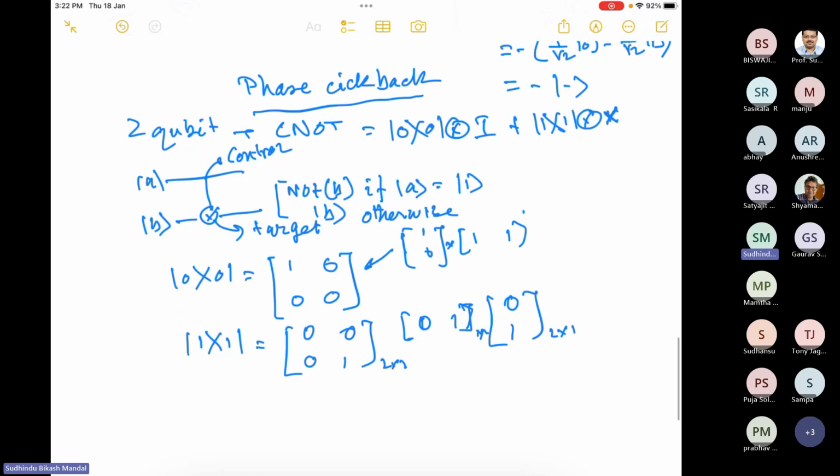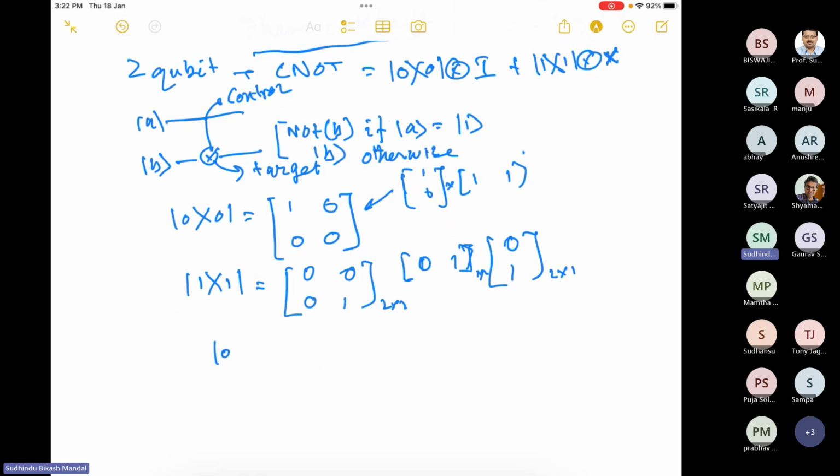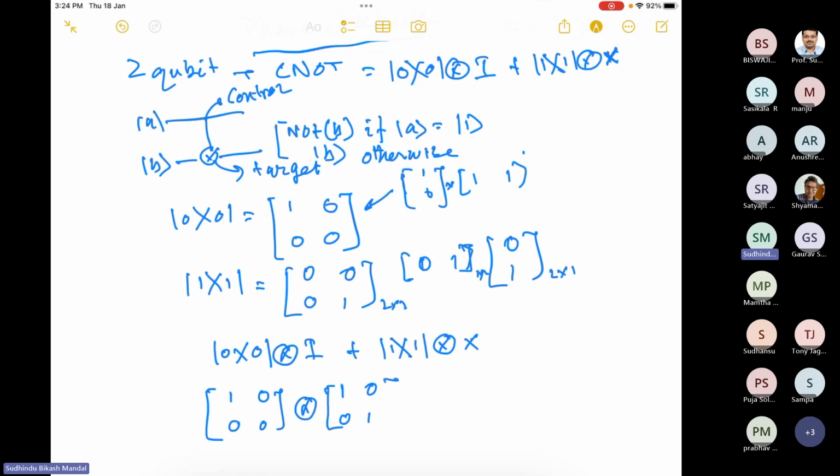Now directly come to this expression: the outer product of 0 tensor with identity, plus the outer product of 1 tensor with the X gate. So the matrices look like this: 1 0 0 0, tensor with the identity matrix 1 0 0 1.